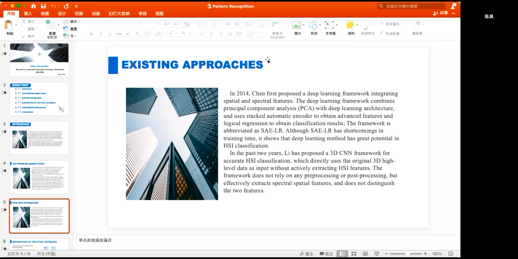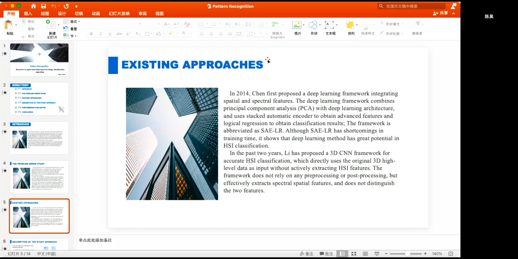Then it uses stacked autoencoder to obtain advanced features and logistic regression to obtain classification results. The framework is abbreviated as SAE-LR. Although SAE-LR has shortcomings in training time, it shows that deep learning methods have great potential in HSI classification.